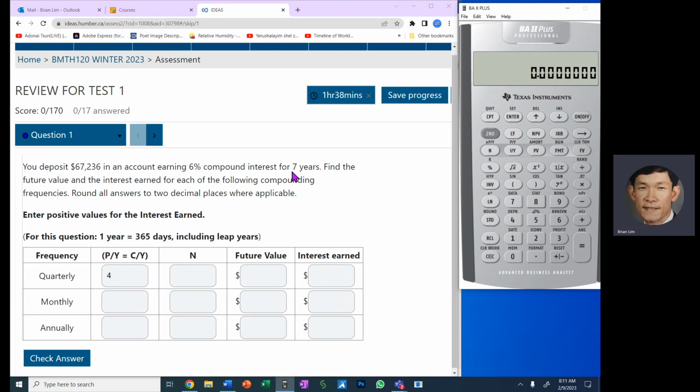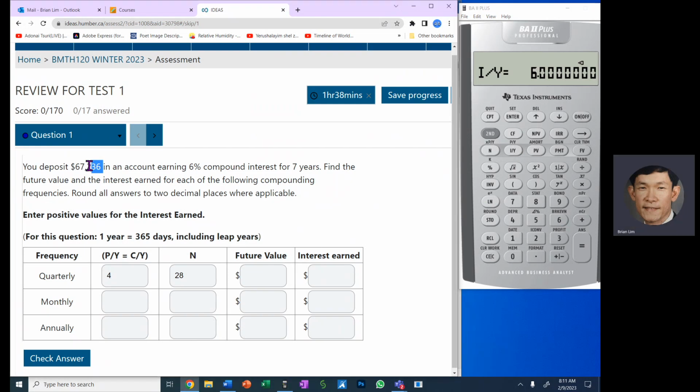And then how many years? Well, it's for 7 years, so we go 7, and if we go second, N would be 28. All right, we have to enter the interest, which is 6%. So there we go, 6 for IY.